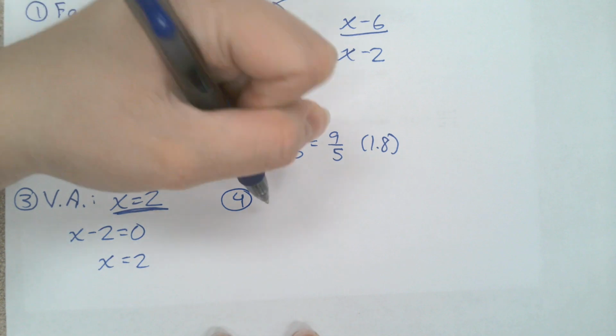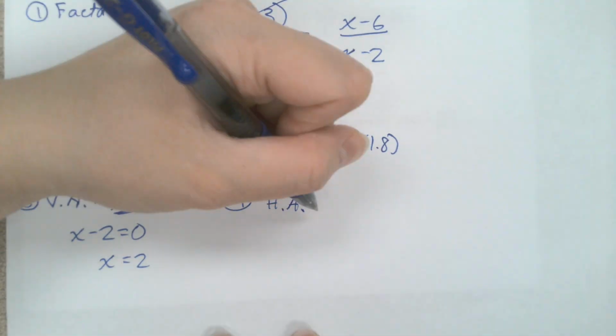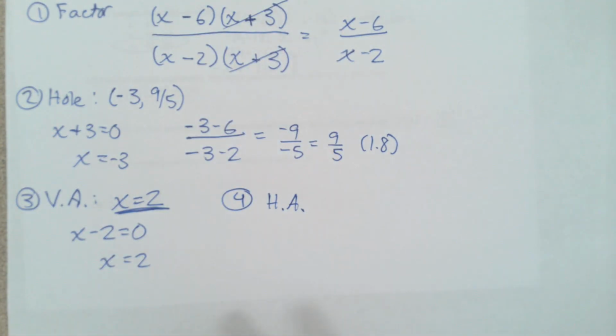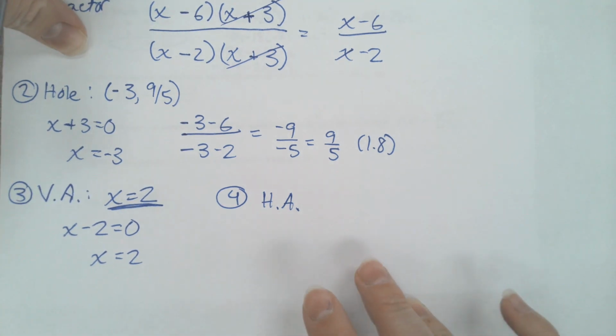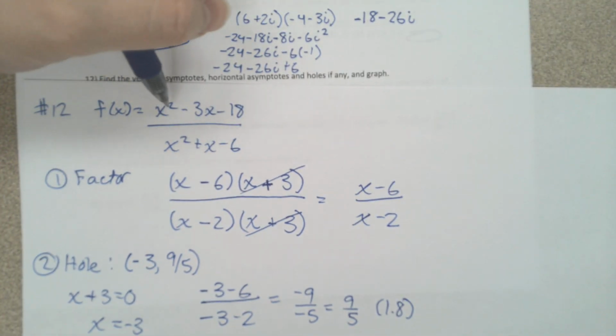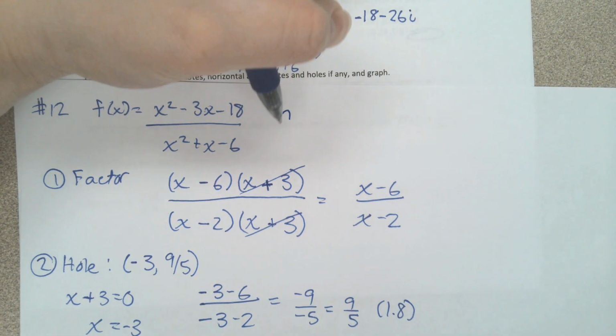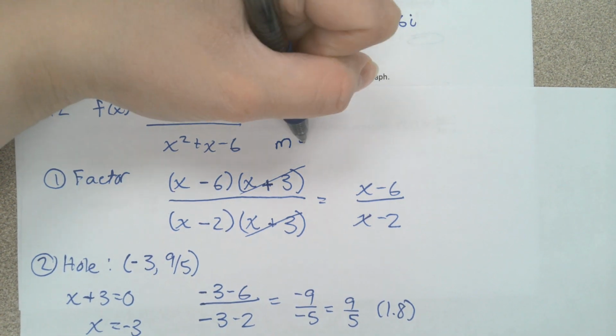And then the horizontal asymptote, we go by the original function. And we look at the exponents. So remember, we call the top one in the numerator n and the bottom one in the denominator m.